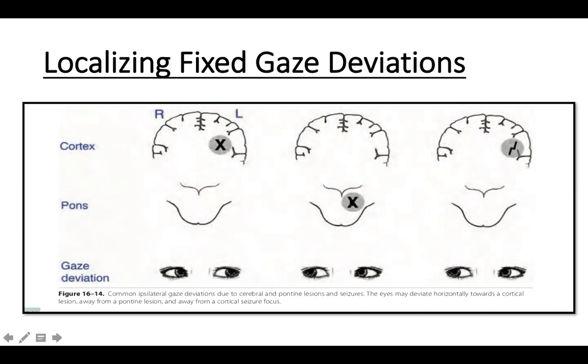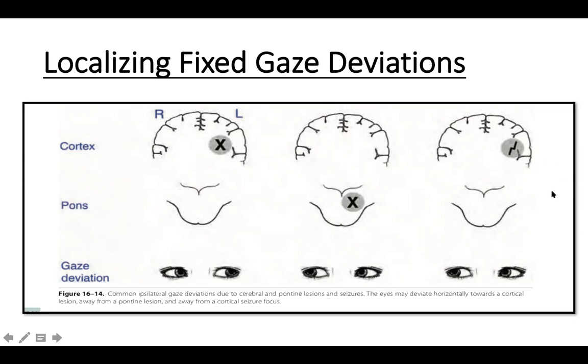But if there is a brainstem injury, the eyes look towards the opposite side. For example, if there is a brainstem injury on your left side, there will be a right tonic gaze. So one easy way to remember is that for the first two diagrams, I'm not talking about the third diagram, the eyes always look towards the brain and away from the brainstem. This is because of the action of the frontal eye field centers.